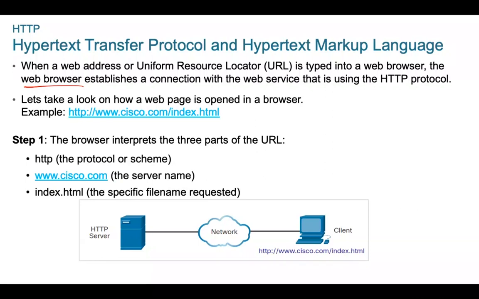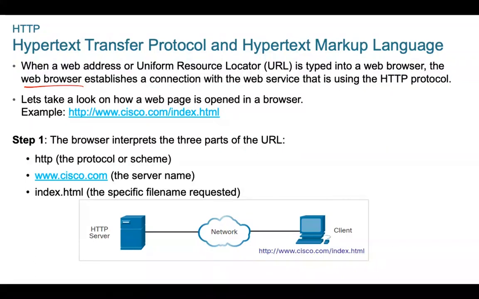So the first topic gave you an overview of this protocol. This topic goes into more detail of how the actual data is transferred between the source and the destination, or client and server.